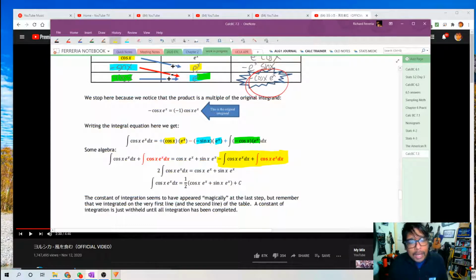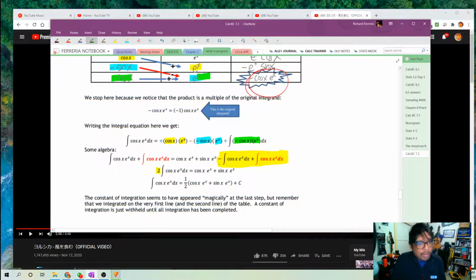So we're going to cancel out with algebra, adding and subtracting this integral on the right side. And on the left side, since I have cosine x e to the x plus another integral of cosine x e to the x, that gives me 2 cosine x e to the x, and that's equal to this sum right here. Of course, we did some integration, so there is a plus c that's there.